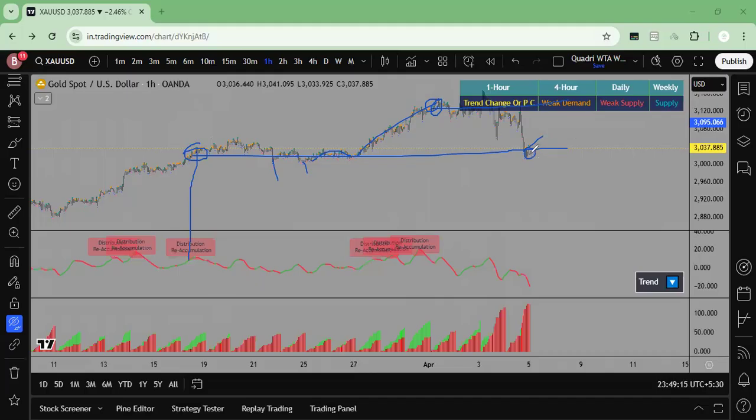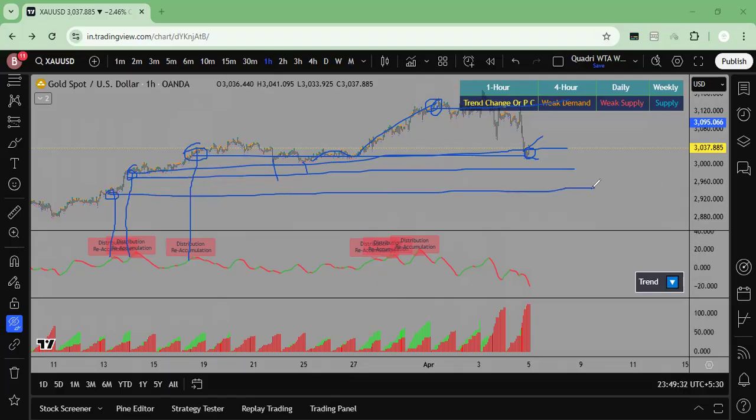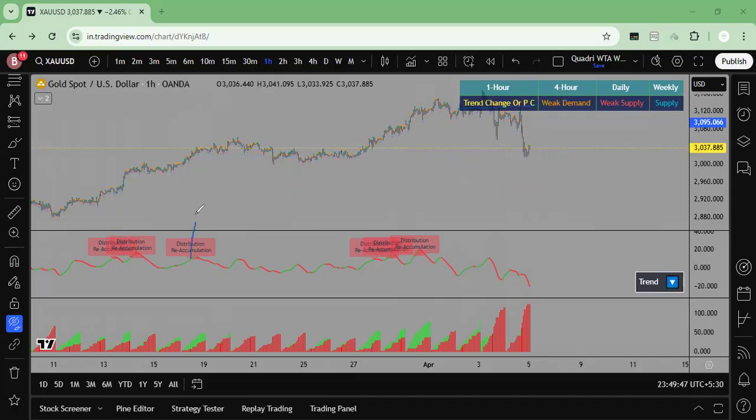So what we are expecting, if price doesn't hold this level, is that we can see price coming back to this particular level and to this particular level. So give or take, I'm expecting price to come back if it continues this downwards journey. If it does not hold this particular price level, let me draw it again so that things are clear to everyone.